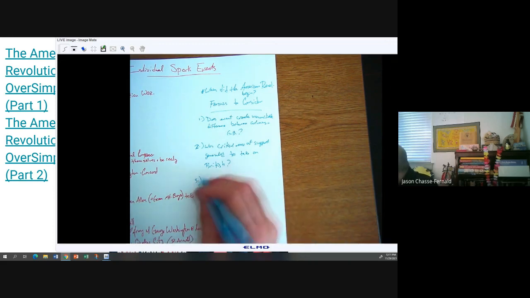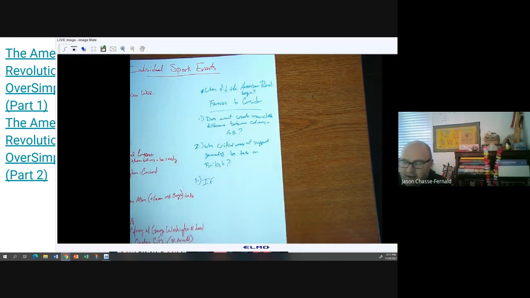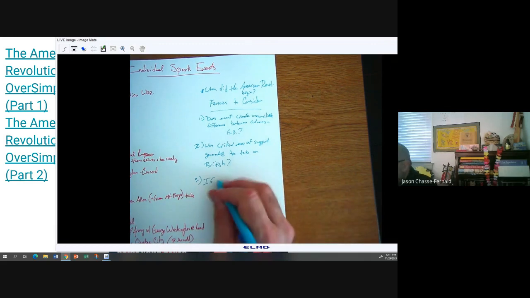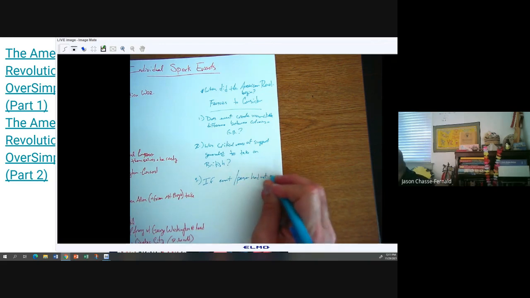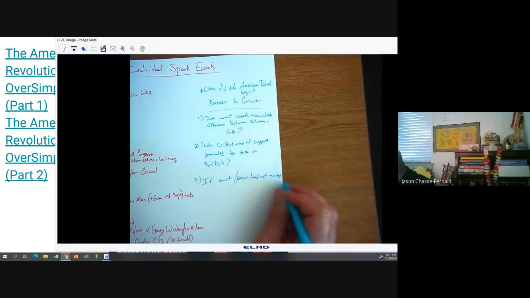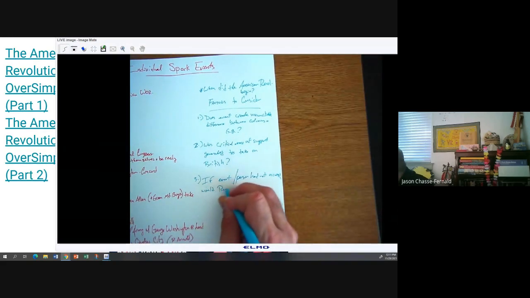And then, of course, probably the easiest question to ask is if this event had not occurred, or if it had gone differently, would the revolution have continued? Right? Would it have happened? Right. So if the event or person, right, had not occurred, would the revolution have continued?